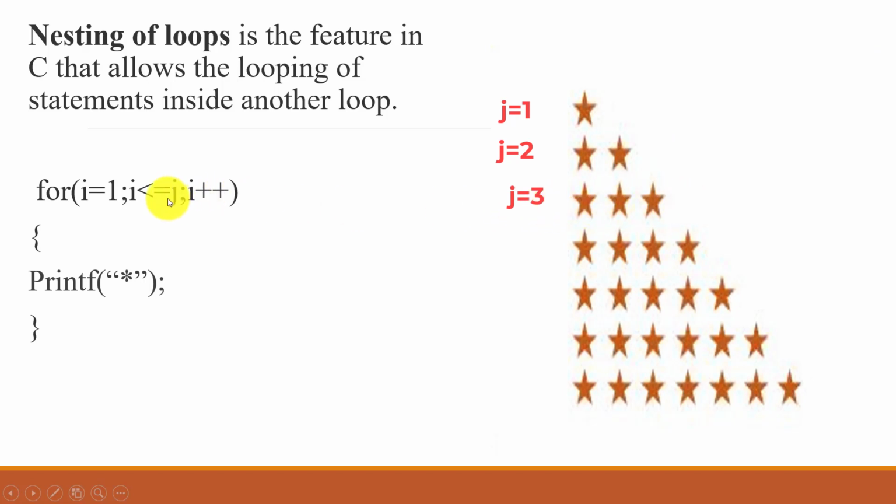So the condition is I less than or equal to j. When it is the third line, it will print less than or equal to 3 stars. If j becomes 4, then it is going to print stars till I is less than or equal to j.